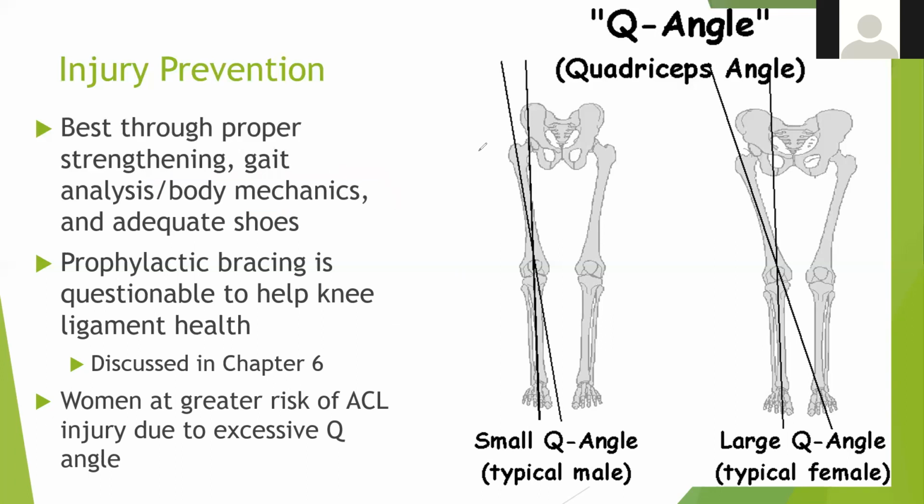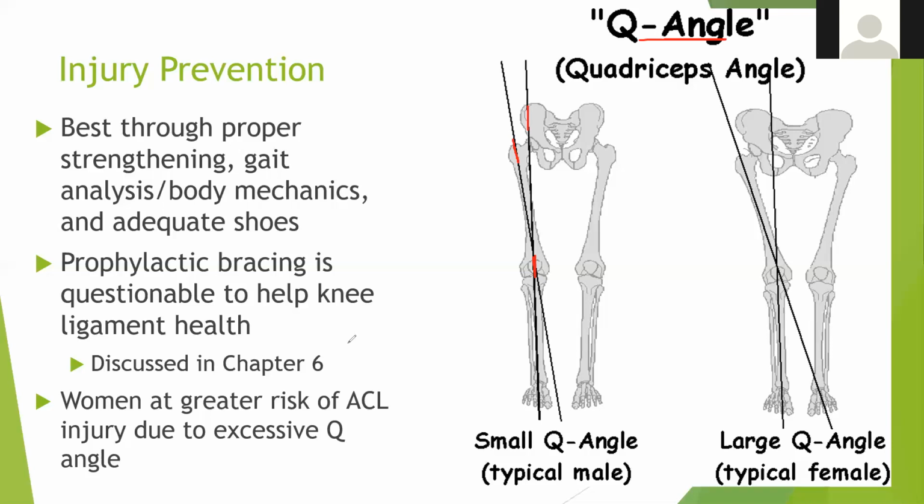The other thing you should note about here is this thing called a Q angle. Q angle is short for quadriceps angle. This is the angle that is made between your pelvis, your femur, and your patella. It makes up all the three main attachment points for your quadriceps muscles.